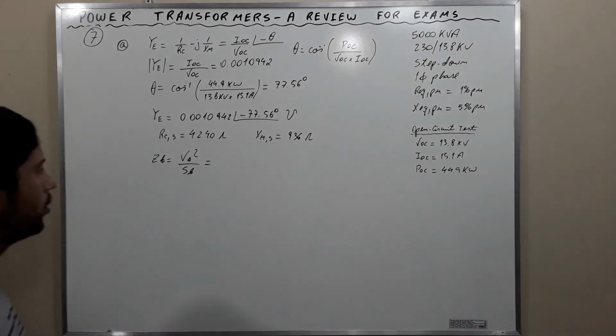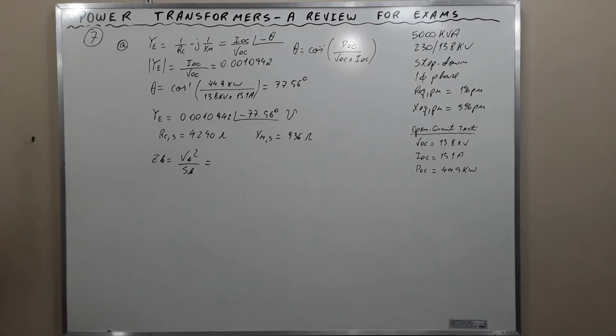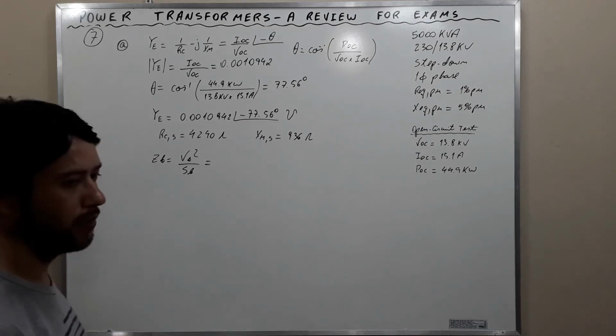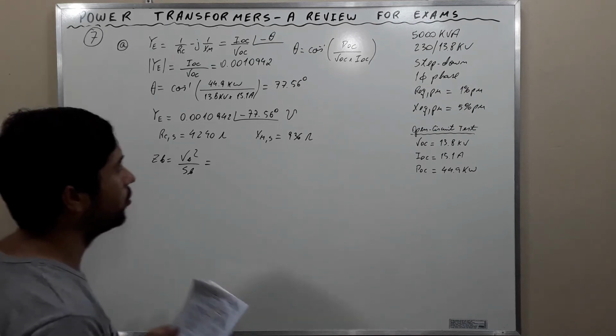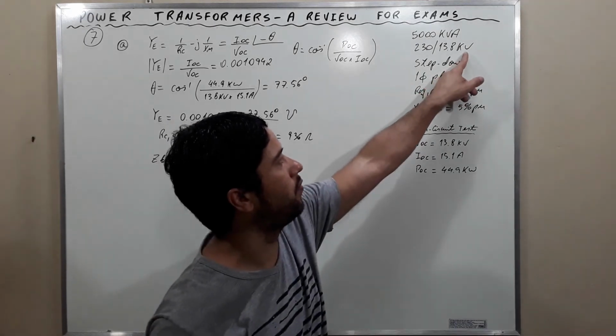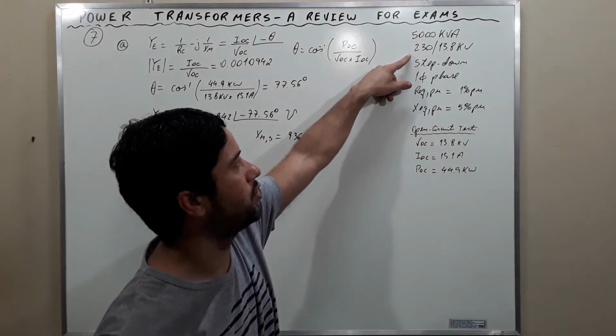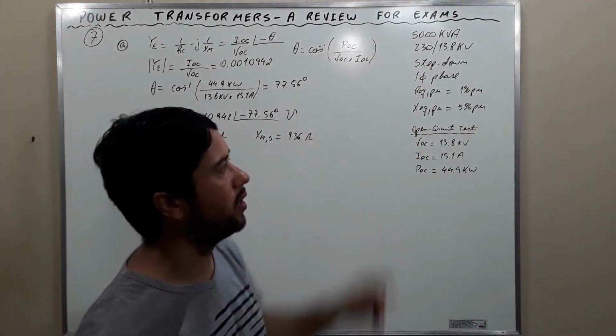The low voltage side is 13.8 kV and the high voltage side is 230 kV.